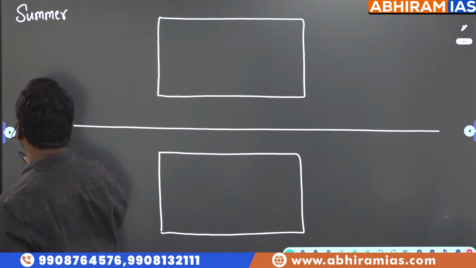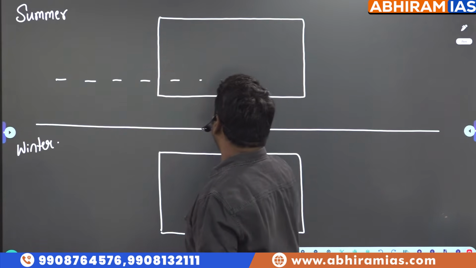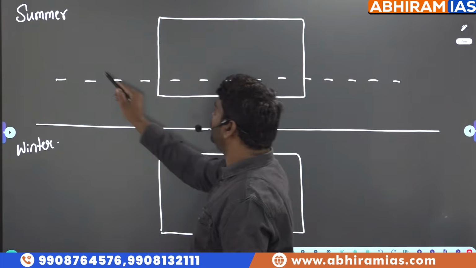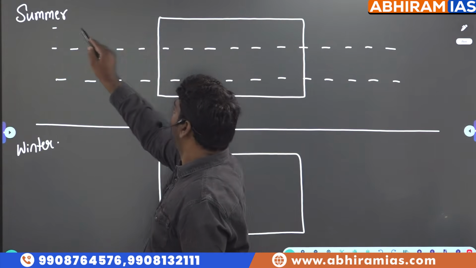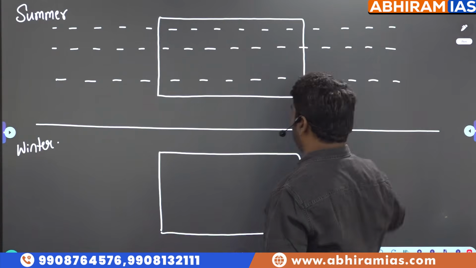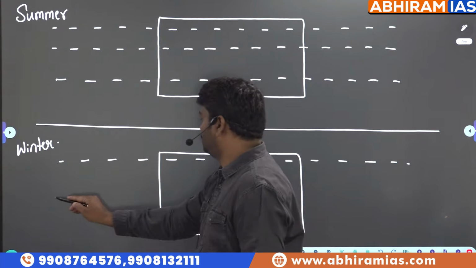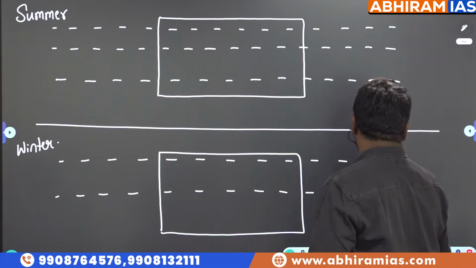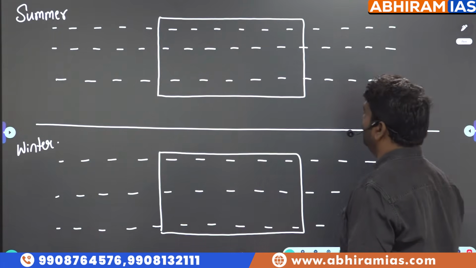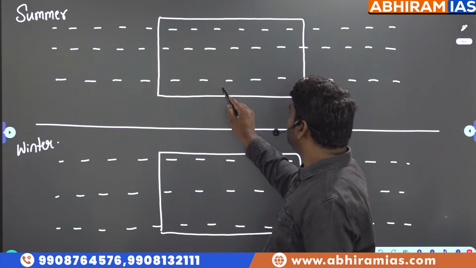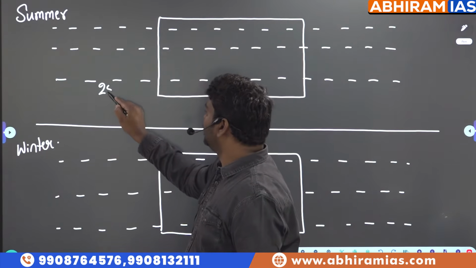Now, summer in the northern hemisphere, winter in the southern hemisphere. Everyone see here, these are all dotted lines. Each dotted line indicates a place. Okay, now you say, summer season, land will be hot compared to the surrounding water body.